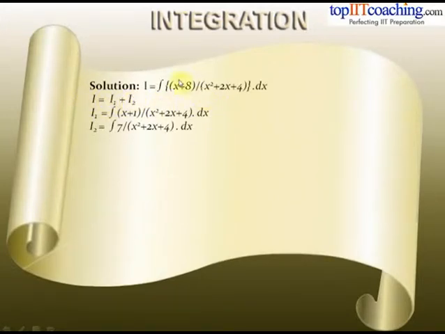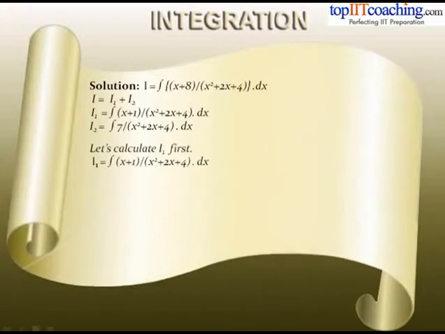We break this integral into two parts, where I1 is the integral of x plus 1 divided by x square plus 2x plus 4, and I2 is the integral of 7 by x square plus 2x plus 4.